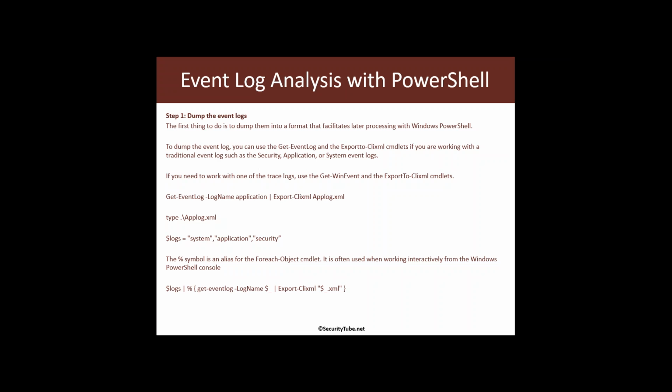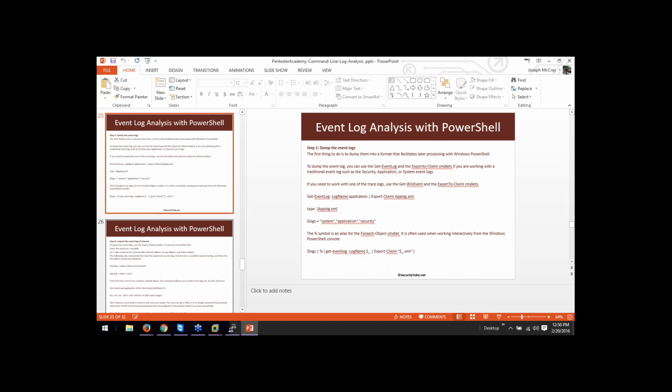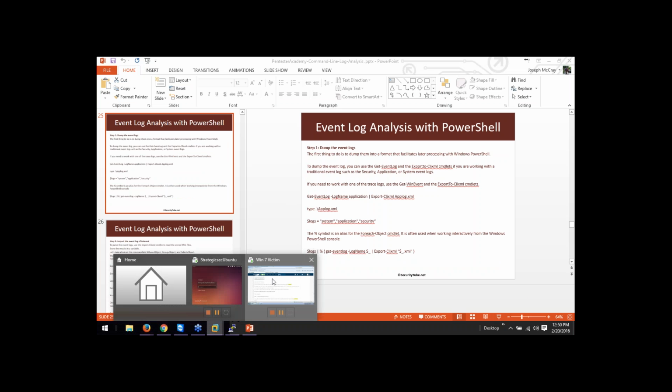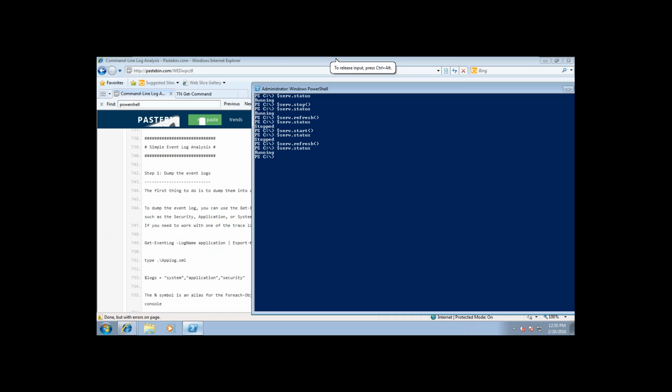Here, that % is going to be an alias for ForEach-Object. So you want to say, well, for each of these in this list, do this, okay?